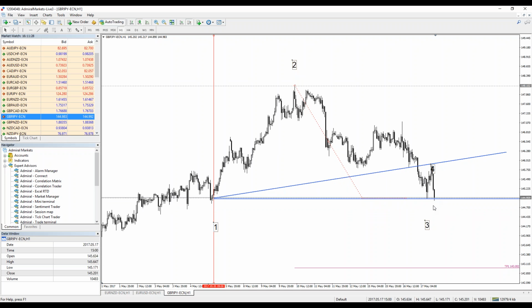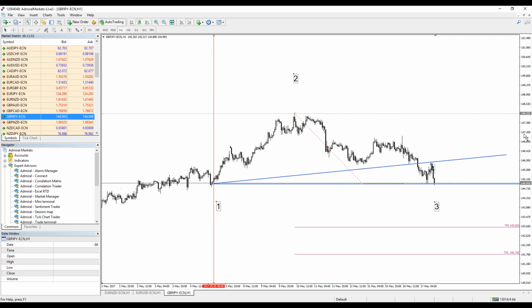Of course, type 2 entry is buying when price breaks again above 1 to 3, but it needs to close below first. So let's see. And type 3 entry is by using Fibonacci retracement expansion, but let's see why I don't have it here.